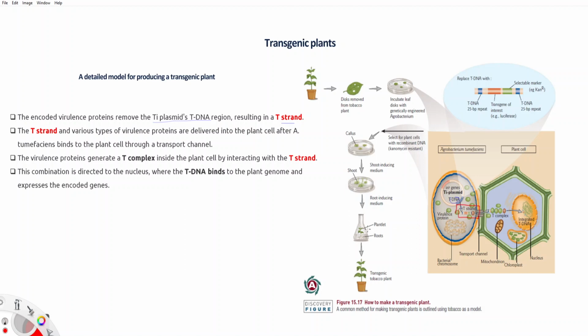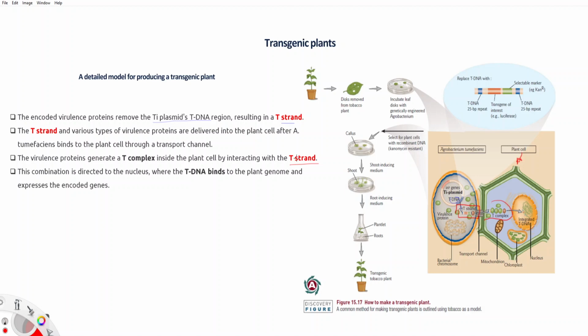It's going to have this T strand, and eventually you're going to have a lot of virulence related proteins that are going to create on the other side a T complex. So there's a T strand and there's a T complex now inside the plant cell. Inside the plant cell, this T complex is going to interact with your T strand that you're trying to insert.